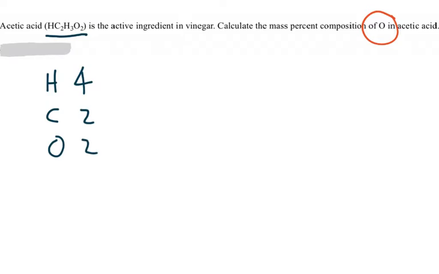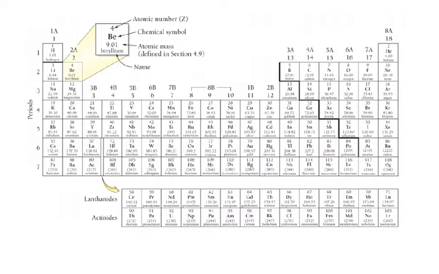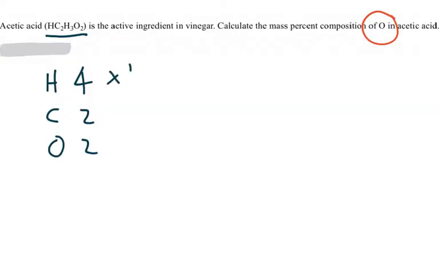Okay? So then the next thing we're going to do is we go to the periodic table. 1.01 will be your H. Your carbon is 12.01. Your oxygen is 16. Those are the atomic masses. Let's go back and fill that in. So we got 1.01 for hydrogen, 12.01 for carbon, and oxygen is 16. And then we're going to go ahead and multiply this thing.